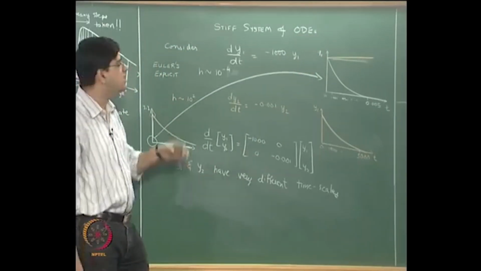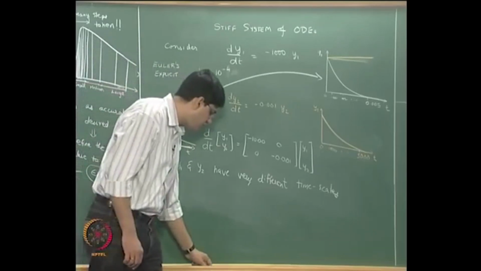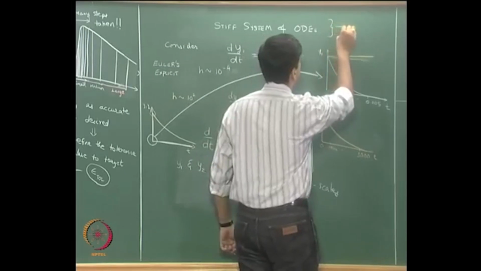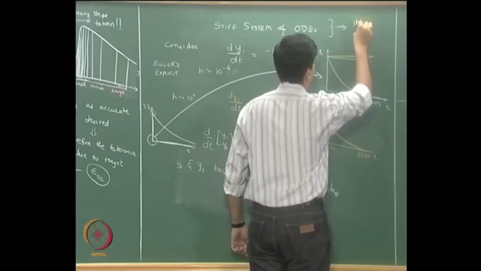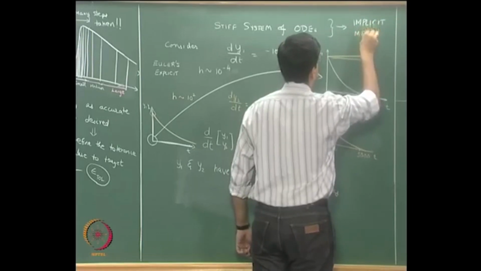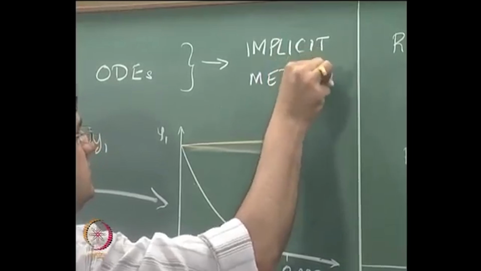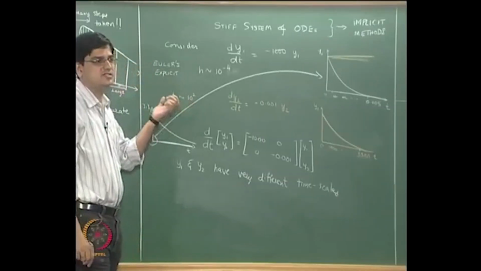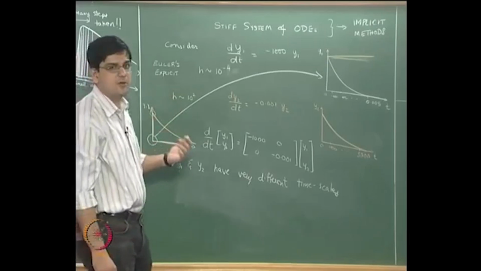So the solution for stiff ODEs is to use implicit methods, so that we do not have to worry about the stability of these methods at all, we only have to worry about the accuracy.